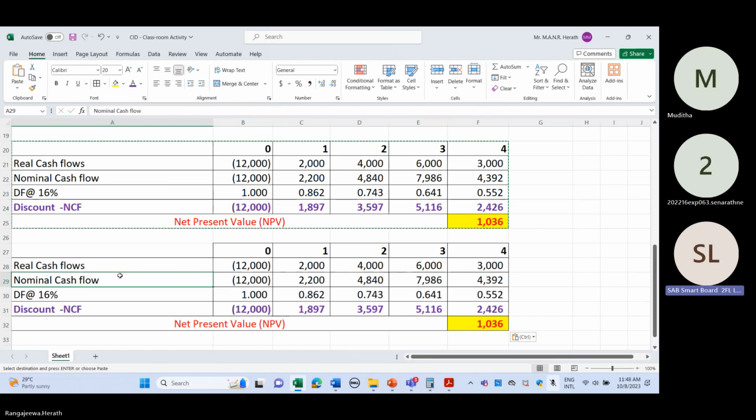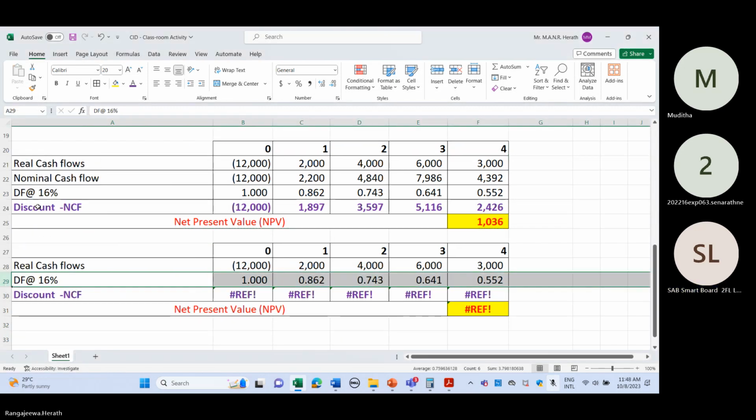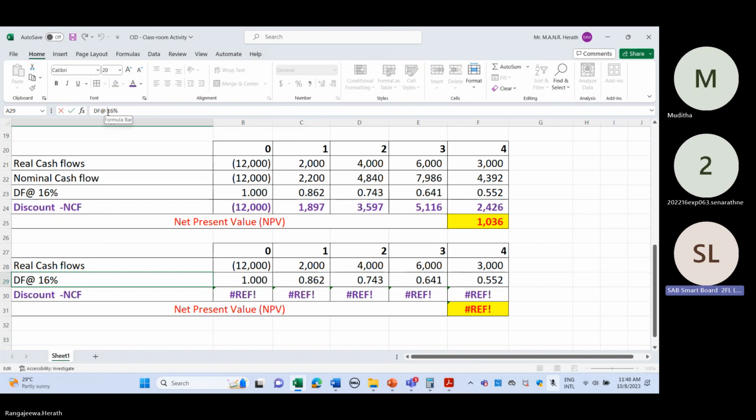You go ahead with the real cash flows. Discounting factor at real discount rate.